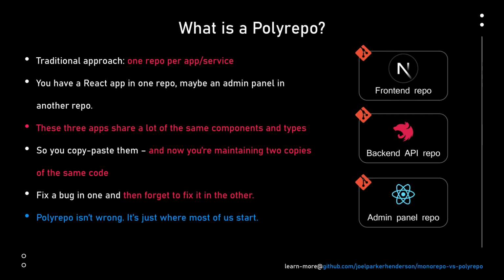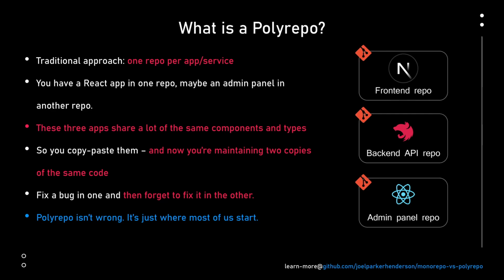As developers who use GitHub, we create, for example, in our visual here on the right side, a repository for a front end framework, a back end framework, and maybe another front end framework with a different purpose. So this is the definition of a polyrepo. We make three repositories for one project.